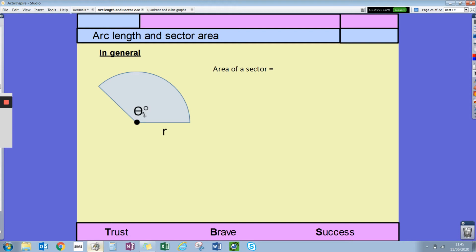Here it's called the Greek letter theta, and that's what we normally use for angles. So we've got theta over 360 times pi times the radius squared, and this is the general form of the area of a sector. So full circle and the proportion of the circle we want.